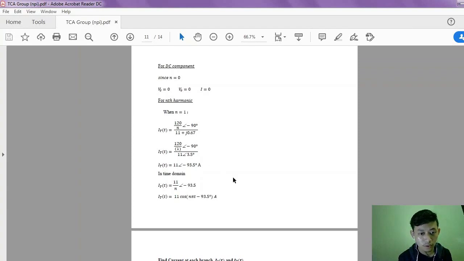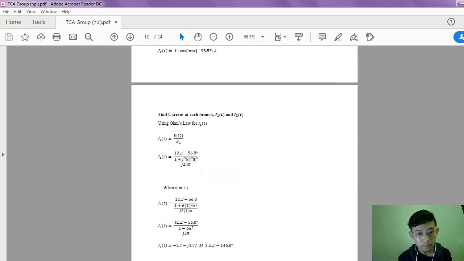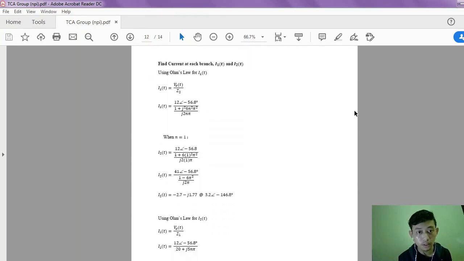We just put the value, and this is the answer in polar form, but I changed it to the time domain, so you can see that there is t, and that's why it is called time domain. After you have obtained the total current, we need to find the current at each branch.